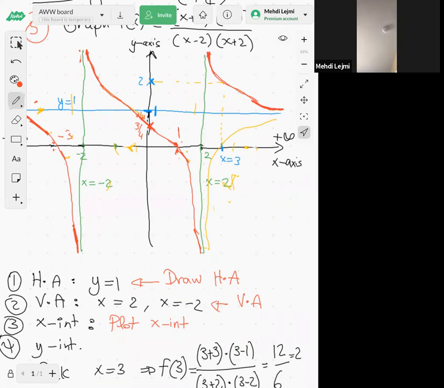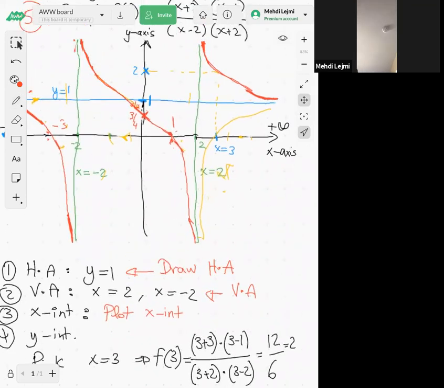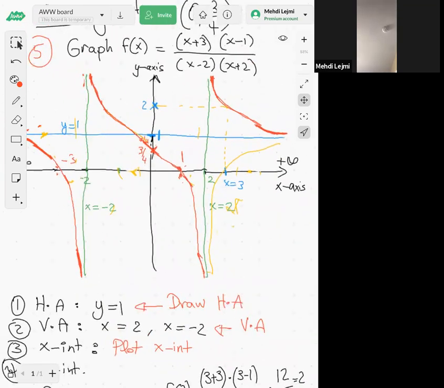Here, for example, I picked x equal to 3, and it turns out that f of 3 is positive, above the horizontal asymptote.